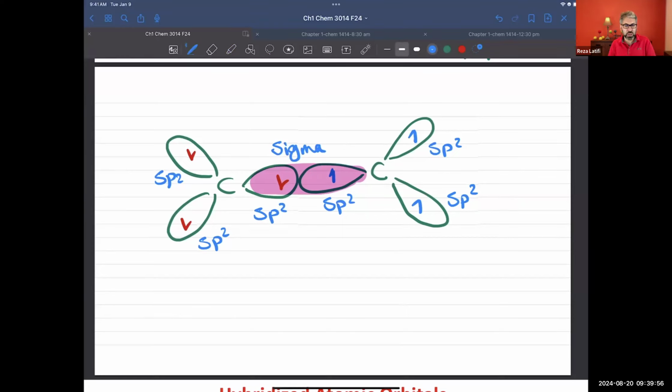Next, each carbon is going to have 2 interactions with 2 hydrogens. So the hydrogens, let's show them. The hydrogens are going to be here. Hydrogen, hydrogen, hydrogen, hydrogen.